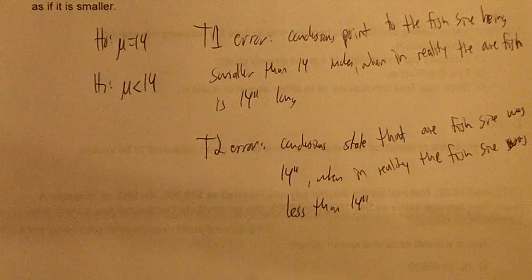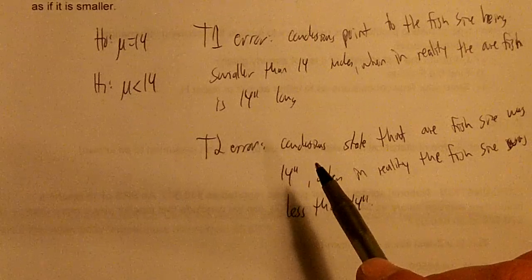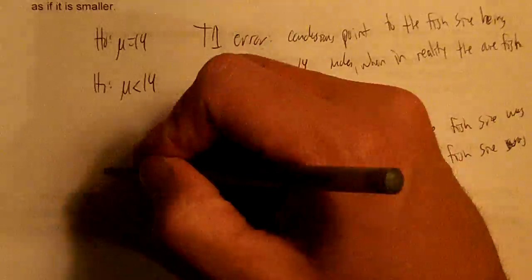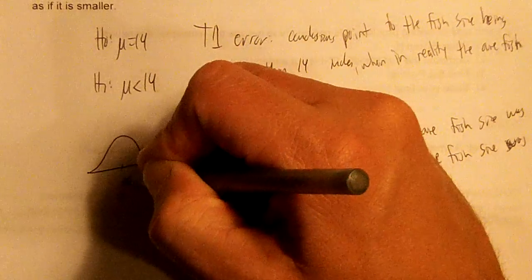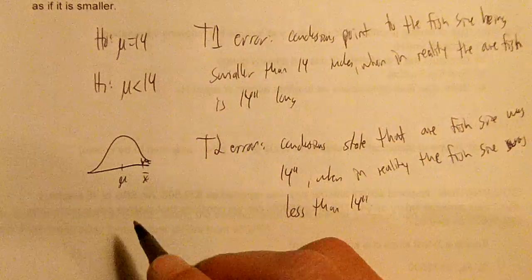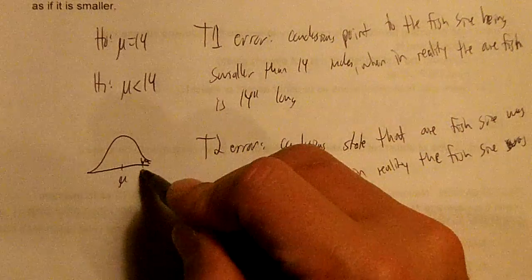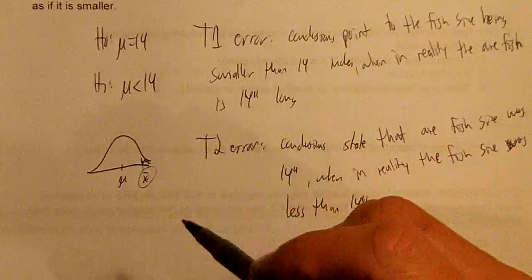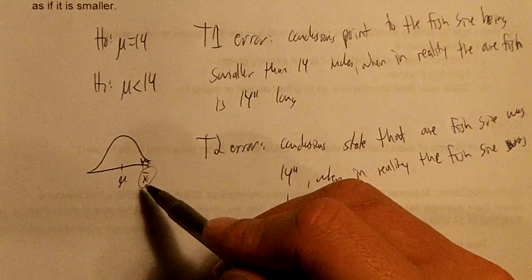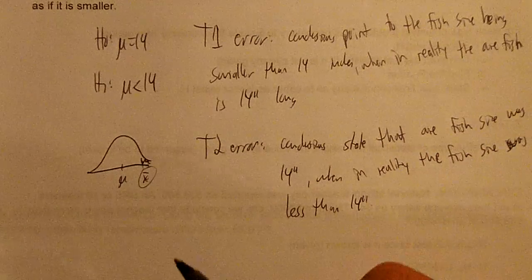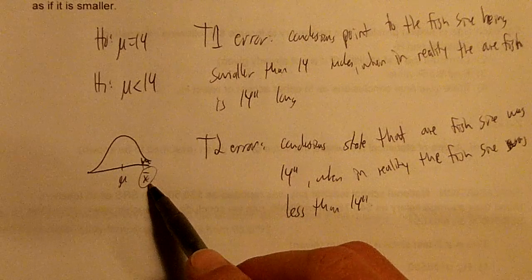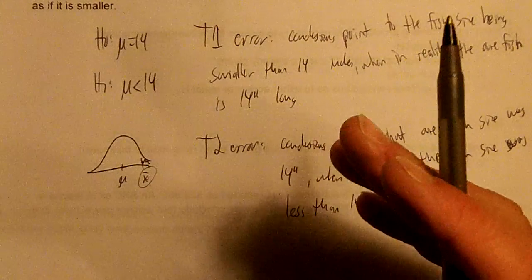And again, the reason why these errors might occur is based off of a bad sample. So, whereas a sample might lead you to one conclusion, so again, a sample like an X bar, it might be really far from the mu, but this could have just been a bad sample, right? So the probability of type 1 error occurring or type 2 error occurring, it really depends on your sample size and your final conclusions. But then again, if you go fishing one time and you catch a really big fish, it might throw off your results.